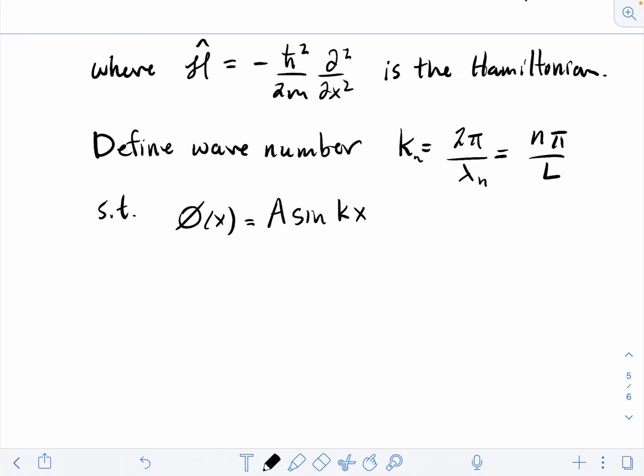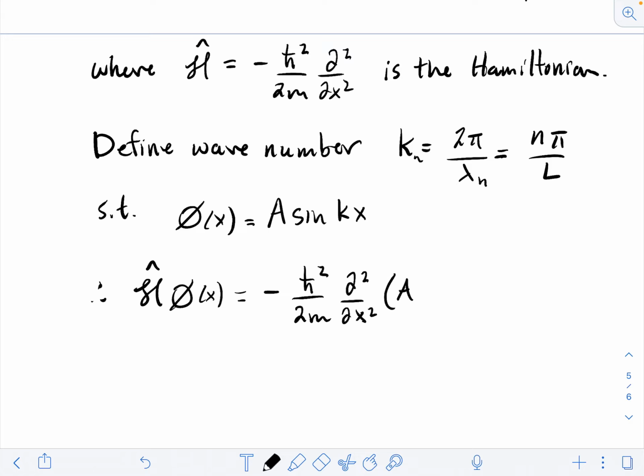Okay, so if we operate on our wave function, then what we get is minus h bar squared over 2m times 2 derivatives of a sine kx.